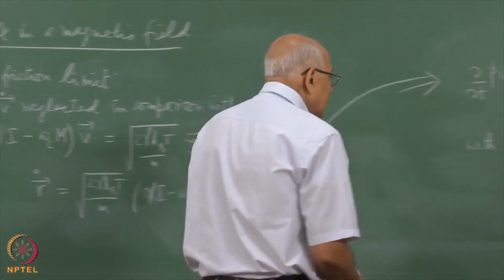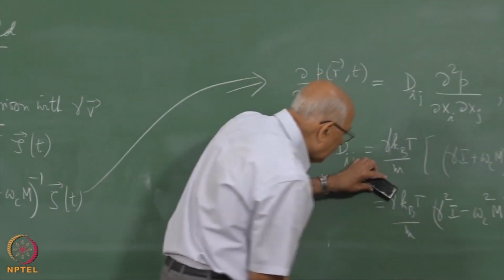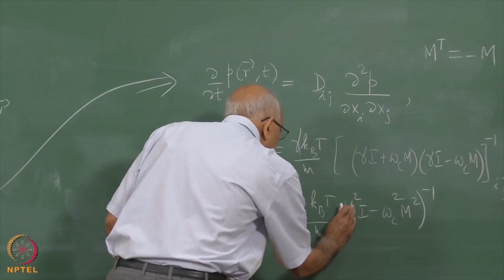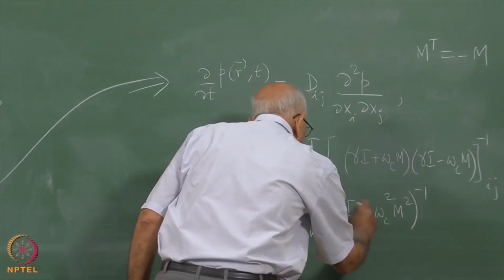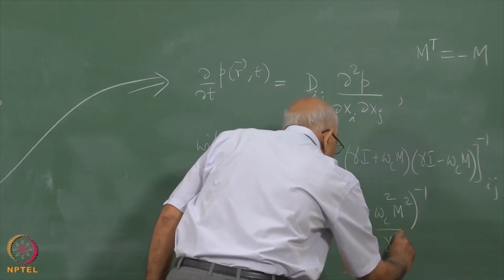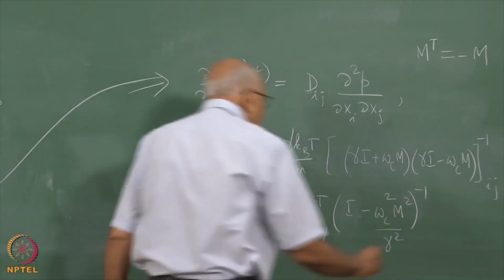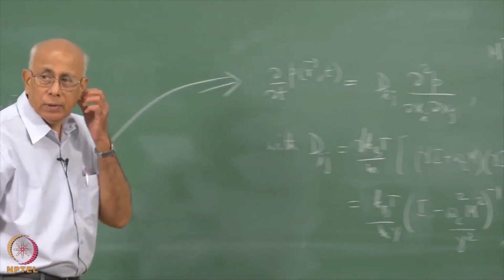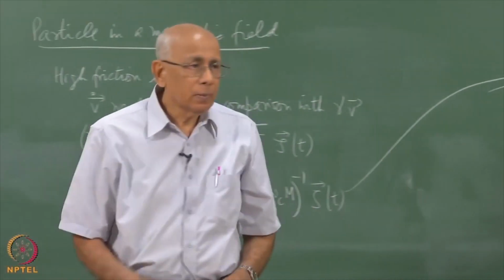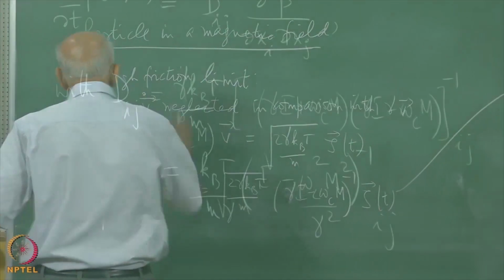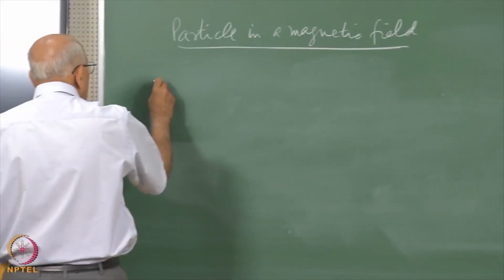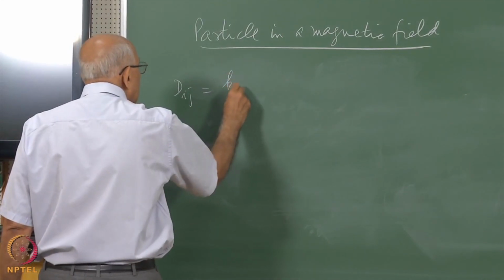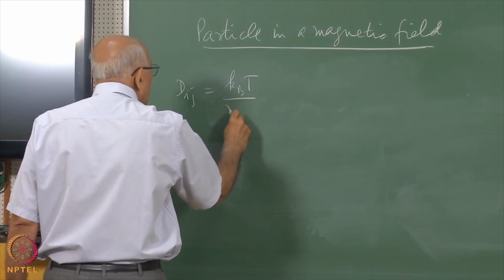Alright, so let us pull out this gamma squared and I will write it out as m gamma over gamma squared, and then I want the ijth element of this inverse. Now the matter is very straightforward. So I have dij equal to k Boltzmann T over m gamma.